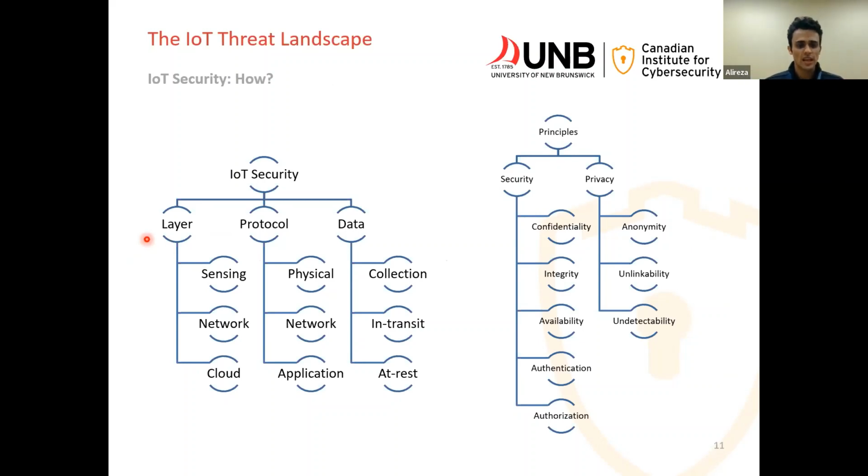The first one is layer. So in terms of layer, as we discussed in the architecture, sometimes we need to secure the sensing layer, the very devices that we're dealing with in terms of their interactions, the data they're transmitting, and the protocol they're using. Then security of networks, if we're using, I don't know, blockchain and consensus algorithms, propagation algorithms, or we're using fog or edge computing in our network layer, we need to take care of their security.